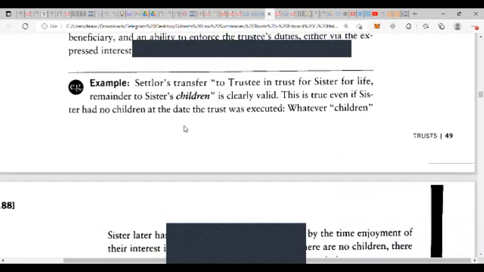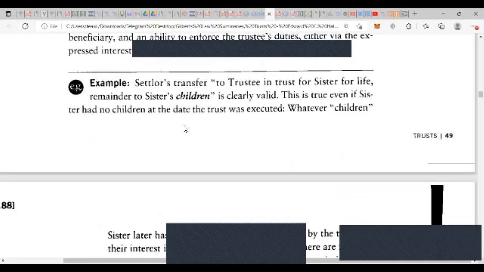Example, settlor transfers, quote, to trustee in trust for sister for life, remainder to sister's children, is clearly valid. This is true even if sister had no children at the date the trust was executed.